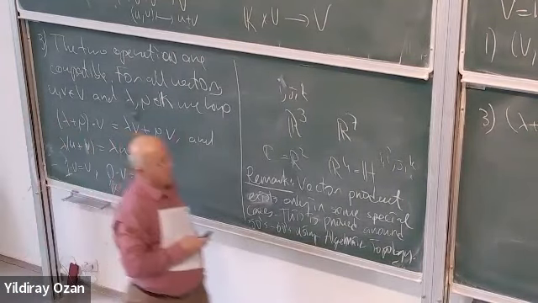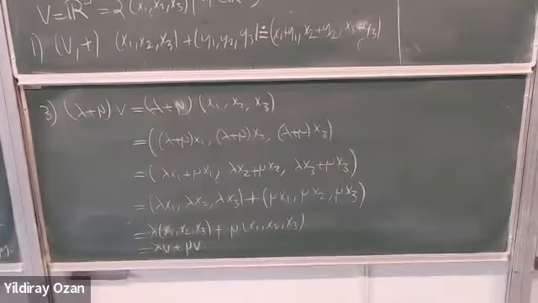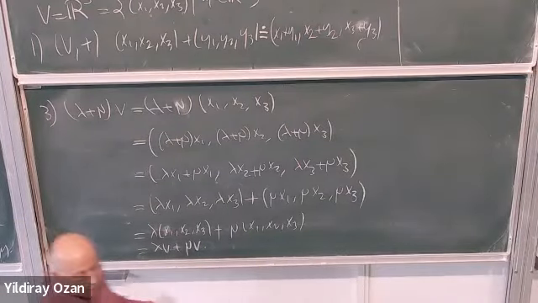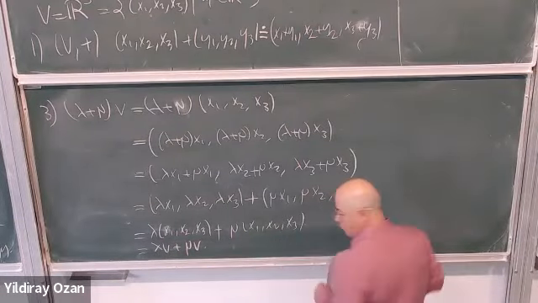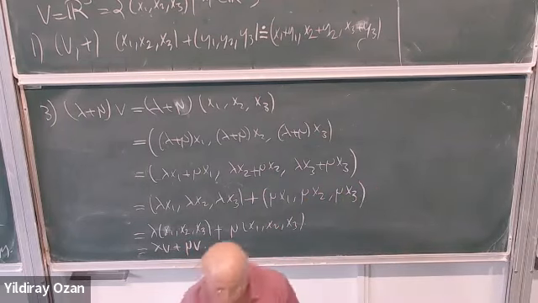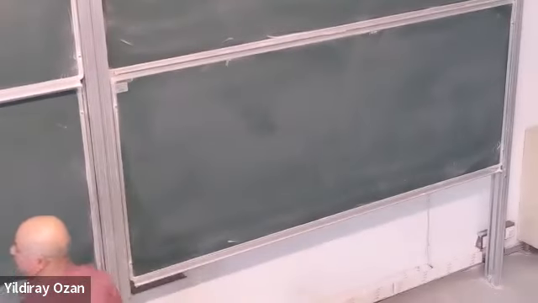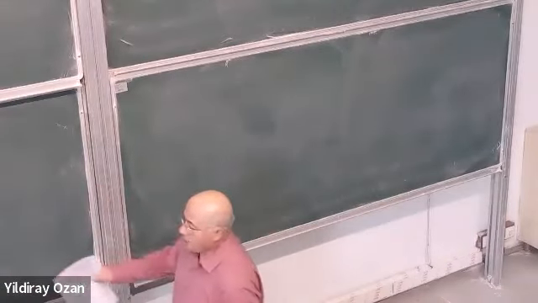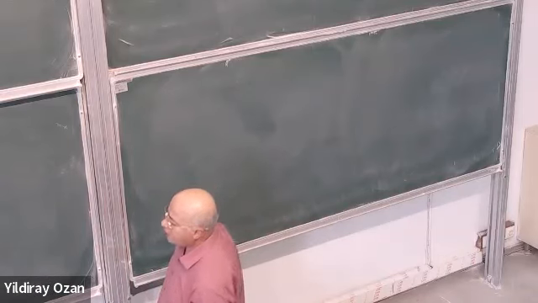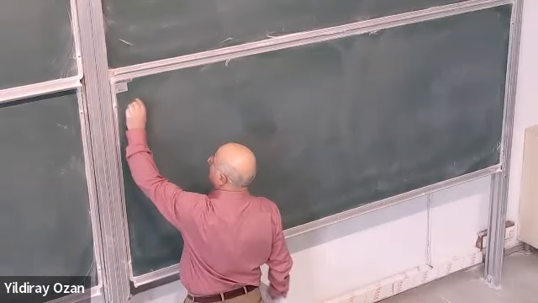We have to, of course, check all of these. Let me just do it for the sake of completeness. I will not do it in this much detail later, but let me just do this one. What else should I check? I should check the following.